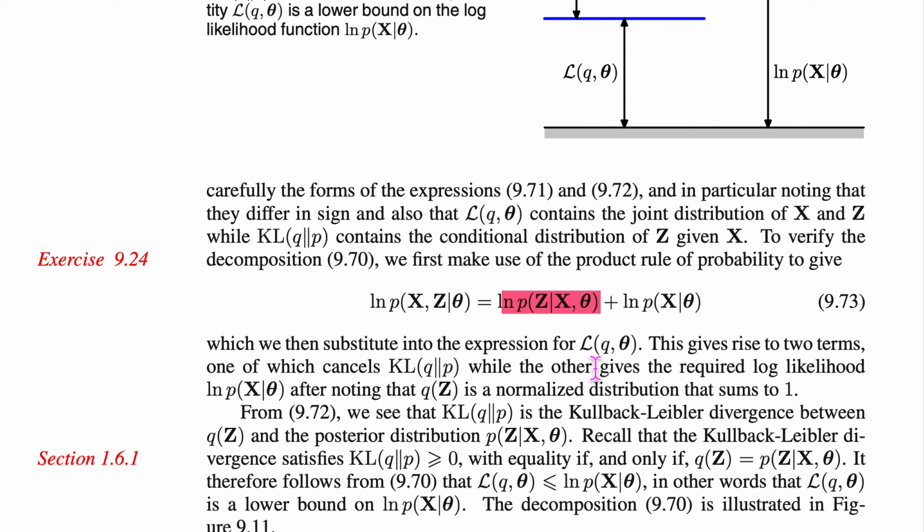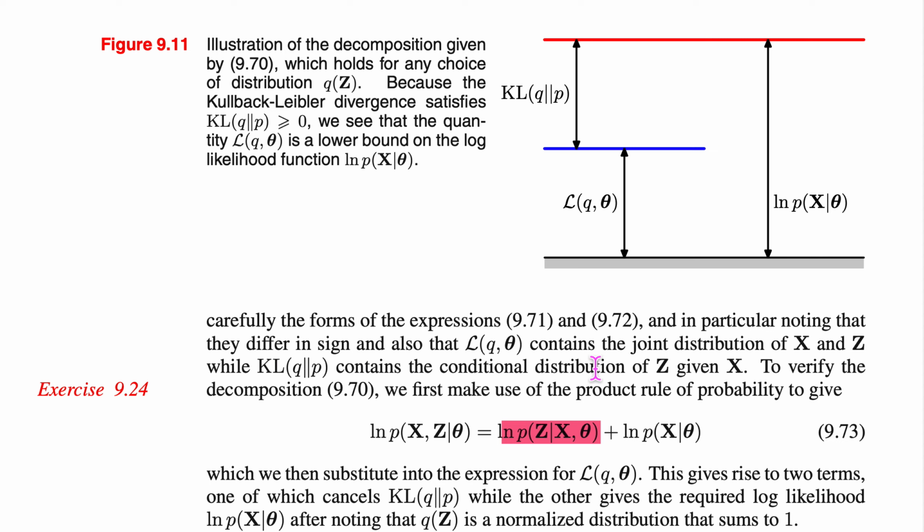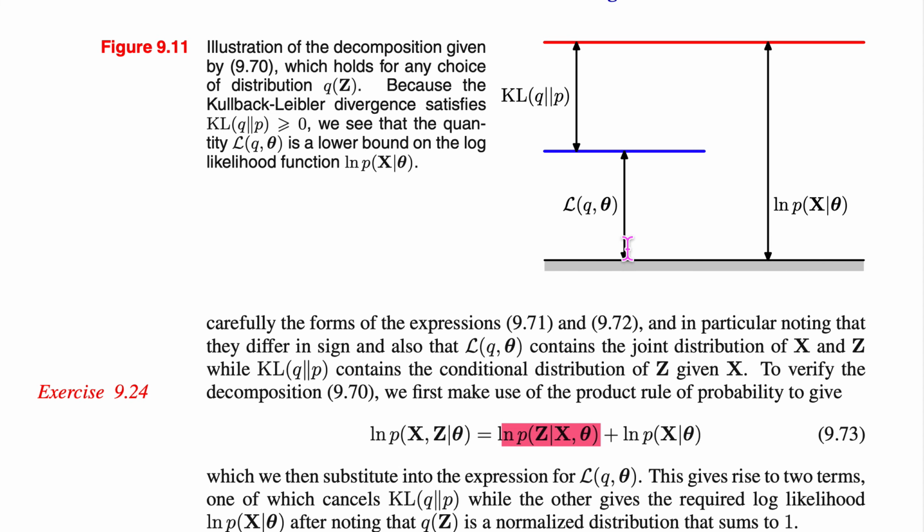But I just want you to keep in mind what Q is. Q is simply the probability of these latent variables given data and parameters. Okay, and the KL divergence is the difference between that Q likelihood function, the Z-based likelihood function, and the X-based likelihood function.